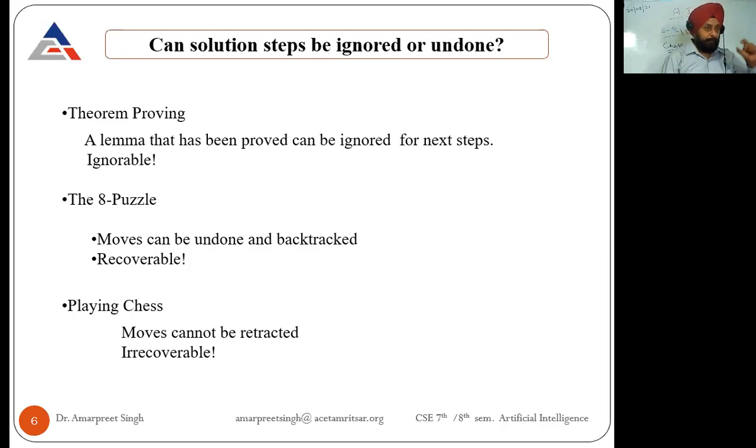This is a very important characteristic. If the problem is irrecoverable, you cannot backtrack, then it needs utmost care whenever you take any step in carrying out the solution to the problem. But if it is recoverable, then it is a little bit easy. This property of a problem is very much important.